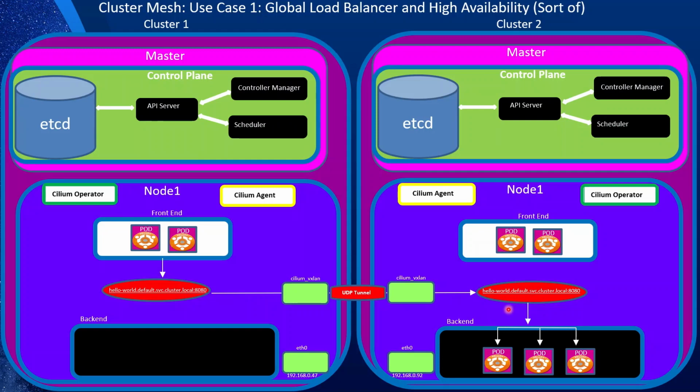So this is how load balancing works. Keep in mind that I just showed you the calls coming from this front end going to the other side. It could be from the other side. And the calls from the front end here, when they call the service, sometimes they hit the services here, and sometimes, if these are not taken offline, the call comes through and hits the other service.